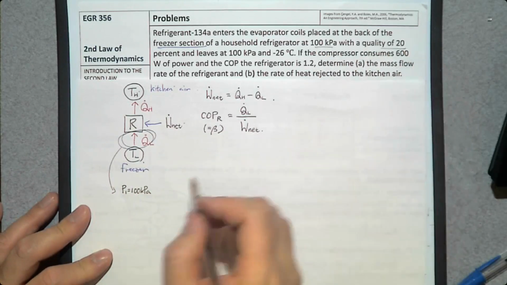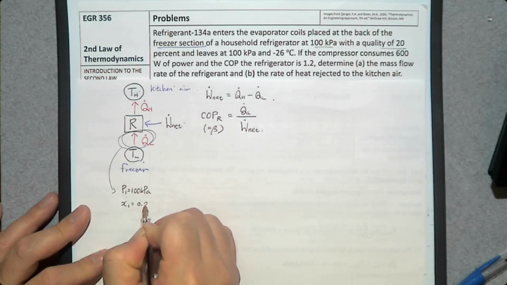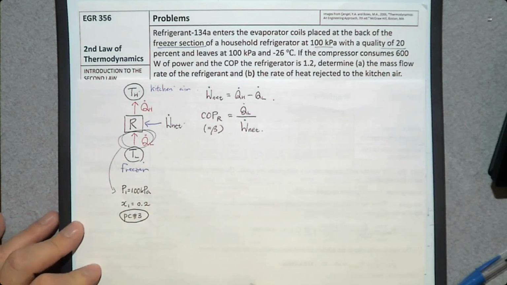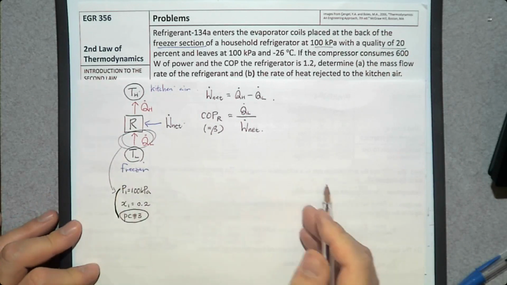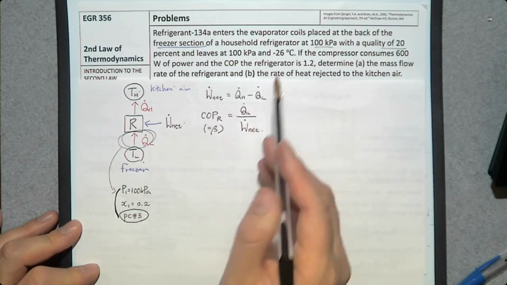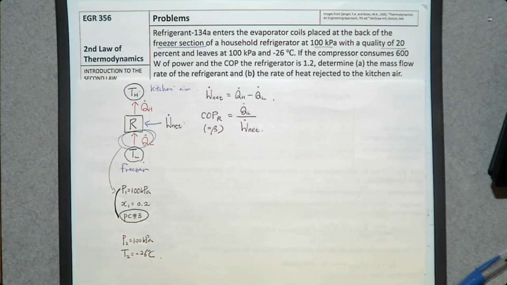And quality x1 is 20%, which means this is a phase change process, saturated mixture. So this is the inlet. What about exit? At the exit, pressure is 100 kilopascal. And the temperature T2 is minus 26 degrees Celsius.